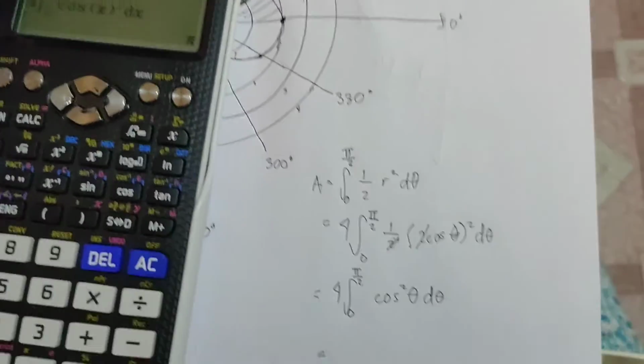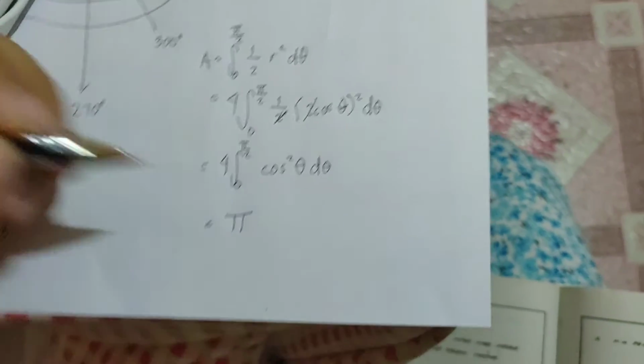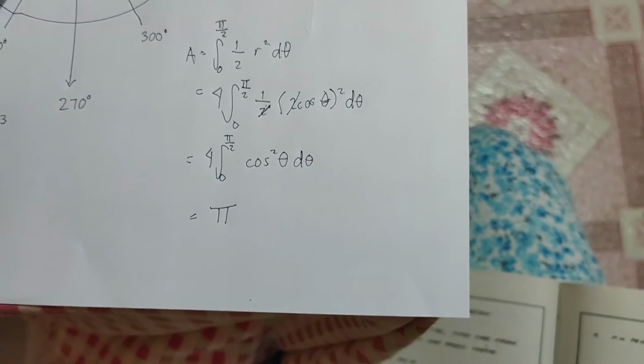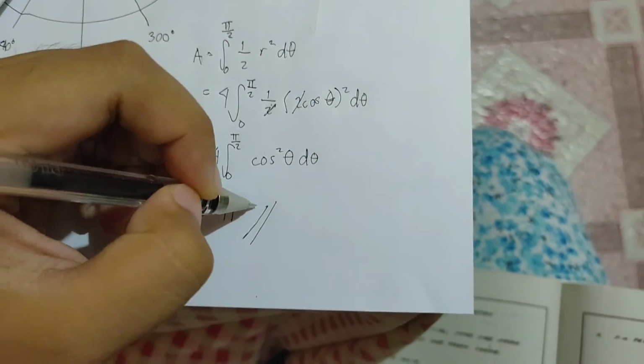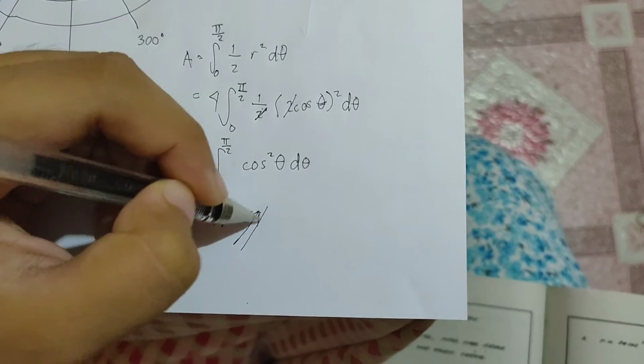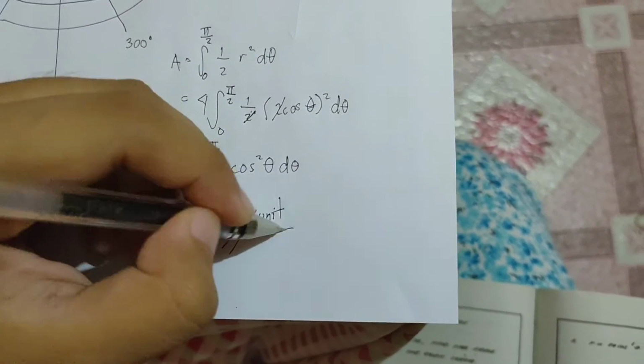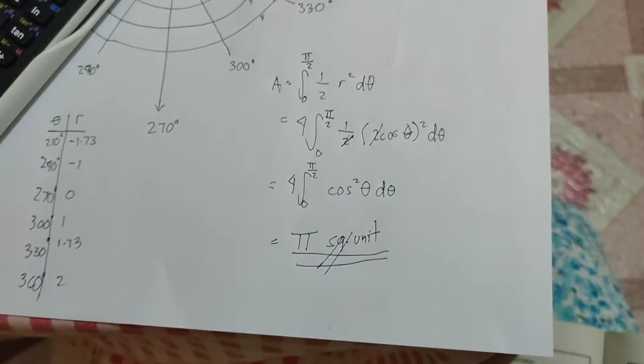That's it. Our answer is pi. And that is our final answer: pi square unit.